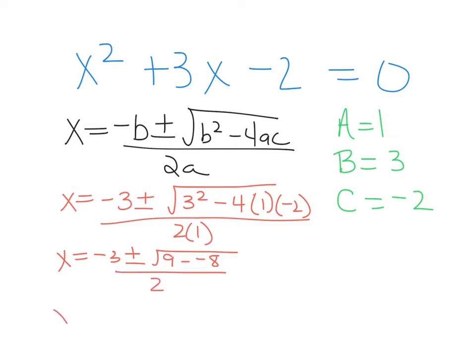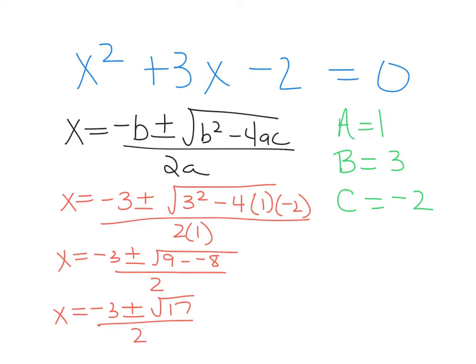All right, so now I have x equals negative 3 plus or minus the square root of 17, all over 2. Now I will tell you right now, sometimes in the future your teachers are going to say, when you use a quadratic formula like this one, the square root of 17 isn't a perfect square root, so we're going to get some decimal answers.